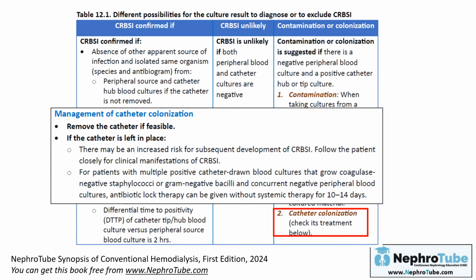Also, if the patient has multiple positive catheter cultures, especially growing coagulase-negative staphylococci, Staphylococcus aureus, or gram-negative bacilli, but the blood cultures are negative, then systemic antibiotic therapy for 10 to 14 days is important, especially when you leave the catheter in place.